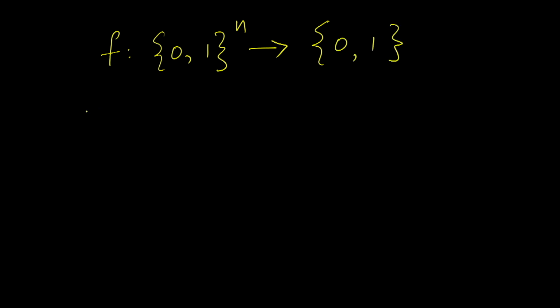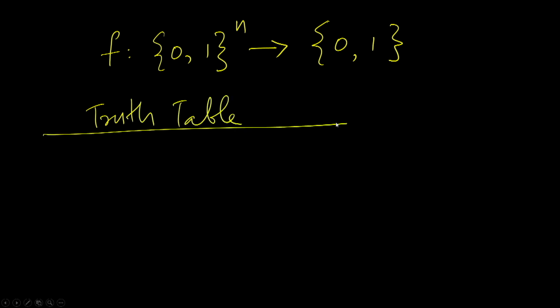In general, when you have a function of this form, to specify the function, you can draw up what is called the truth table. In the truth table, we list all the inputs to the function.